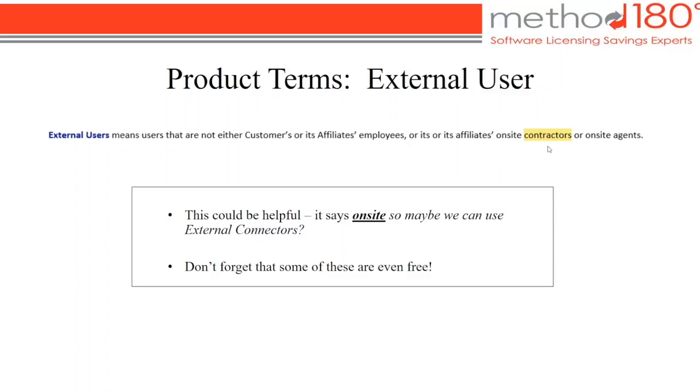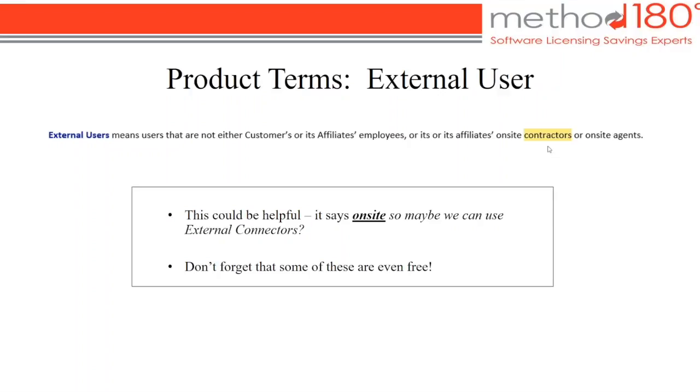So if the NHL wants to give Sidney Crosby a Sidney.Crosby@NHL.com email address, he's not their employee, so the way they would license him is through this external connector, which is included in Exchange in some circumstances. If you're using standard features, and if you're using Enterprise it's a different story, but assuming they're just giving them Exchange standard, the NHL could give all of their players email without a cost.